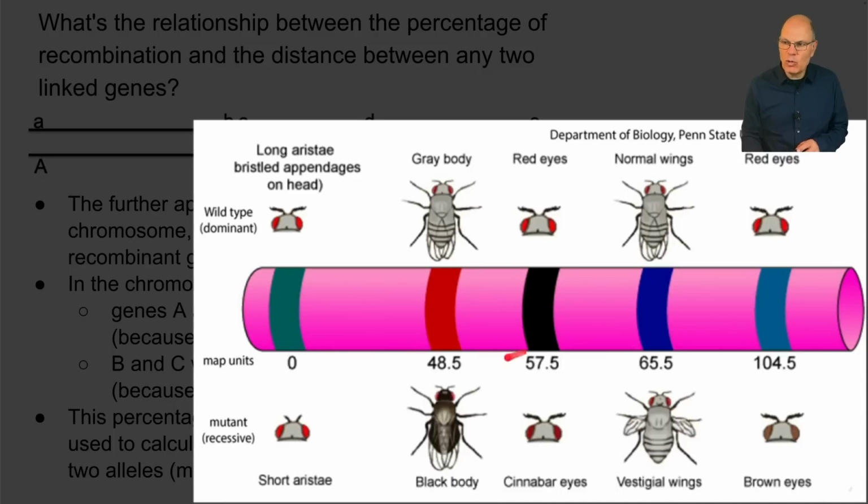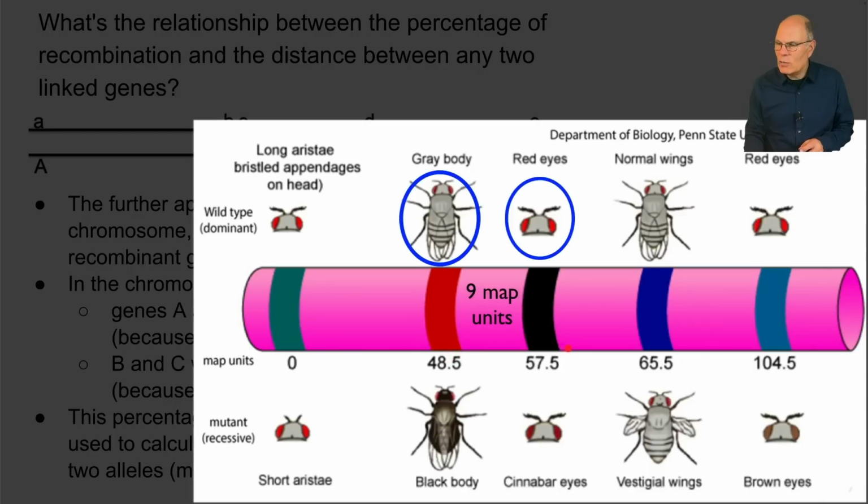So over here, this is a chromosome map, and it's saying that the distance between this long bristled appendage called long arista and gray body is 48.5. Well, those are units that reflect the frequency of recombination. Over here between gray body and red eyes, that's 9 recombination units.